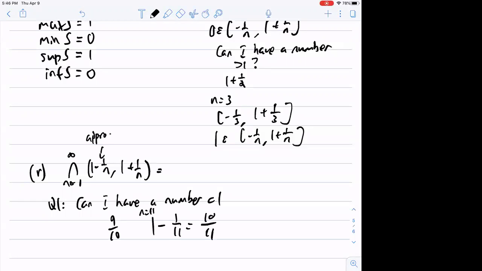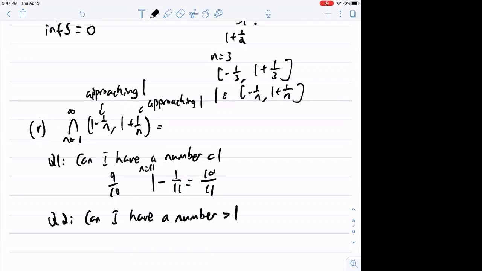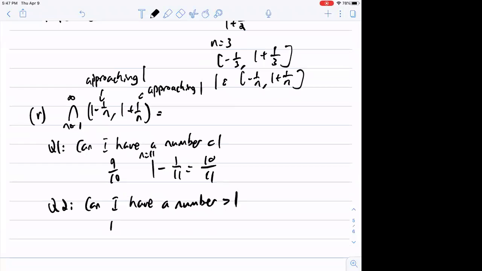If it approaches 1, then for any number smaller than 1, eventually I'll pass it. Question 2: can I have a number bigger than 1? No. Same idea, this is approaching 1.